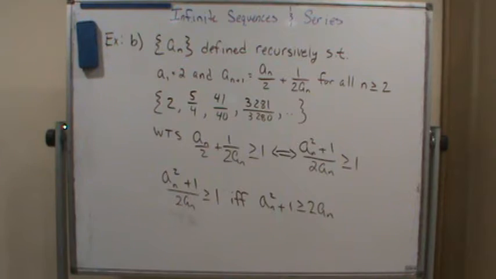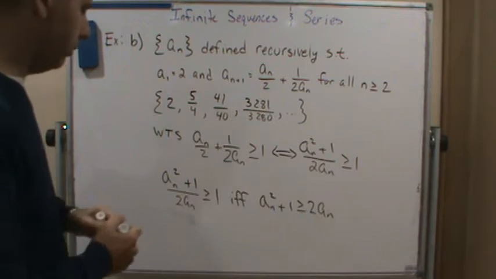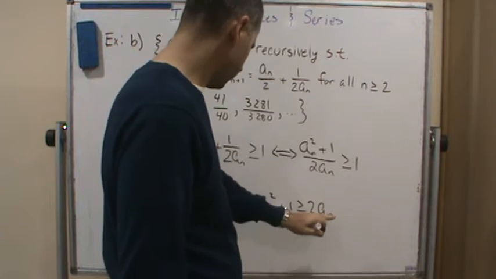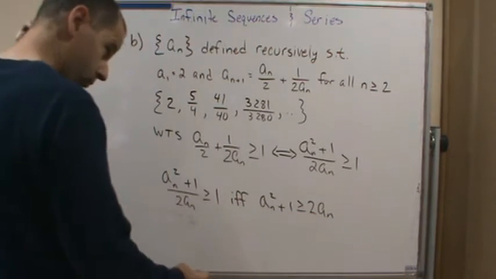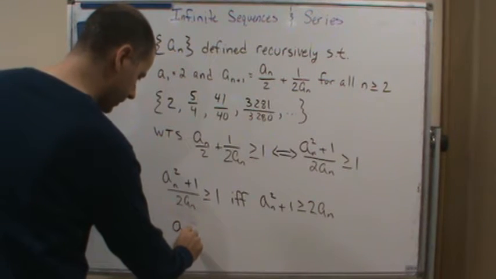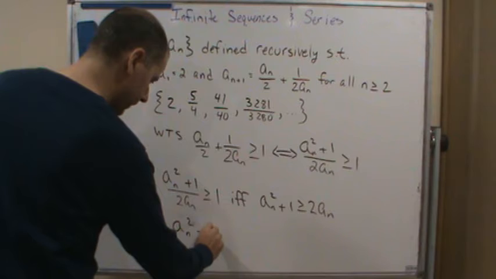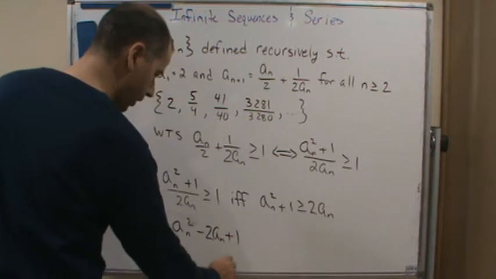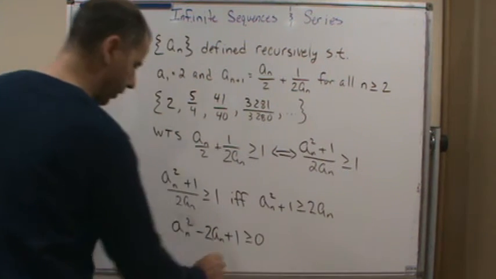Okay, now, where do we go from there? Well, let's rewrite this inequality, subtracting from both sides. So this is going to be a sub n squared minus 2 times a sub n plus 1 is greater than or equal to 0.